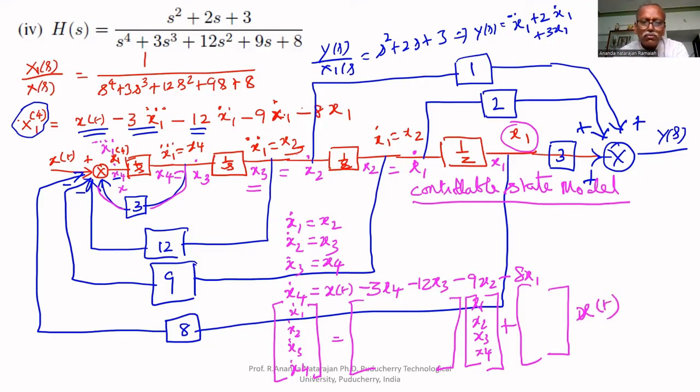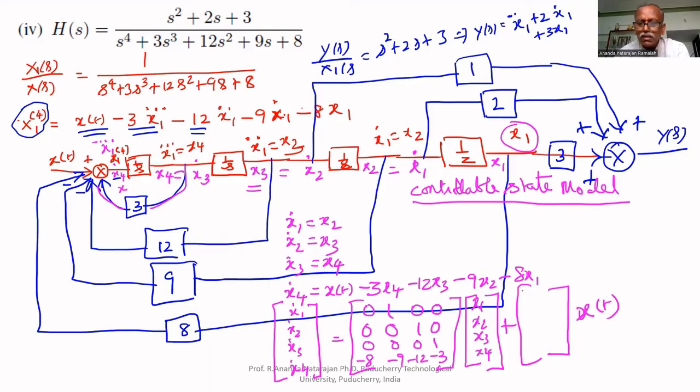Now, x1 dot equal to x2. Therefore we can write 0, 1, 0, 0. x2 dot equal to x3. Therefore 0, 0, 1, 0. x3 dot equal to x4. 0, 0, 0, 1. And x4 dot equal to minus 8 times x1 minus 9 times x2 minus 12 times x3 minus 3 times x4.